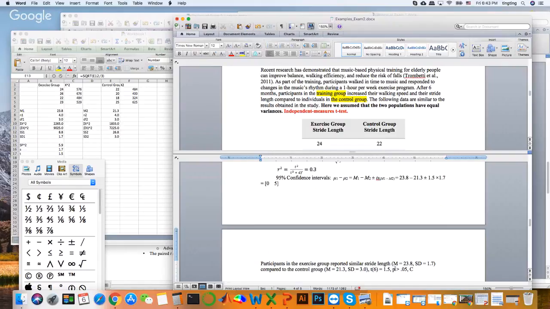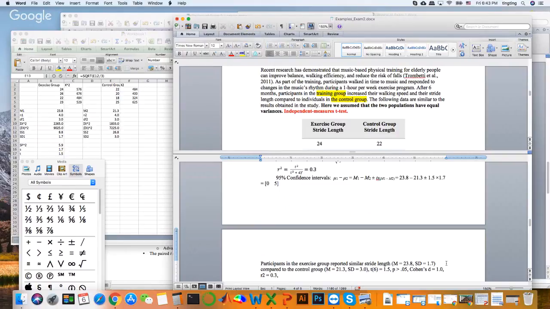And then we report Cohen's d equals to 1.0. R squared equals to 0.03.